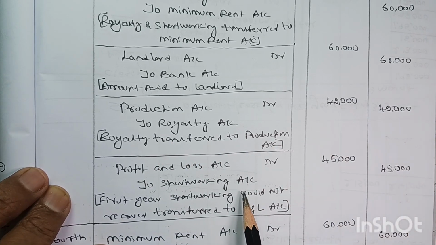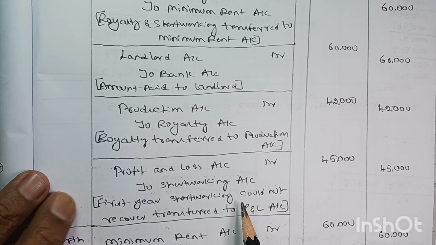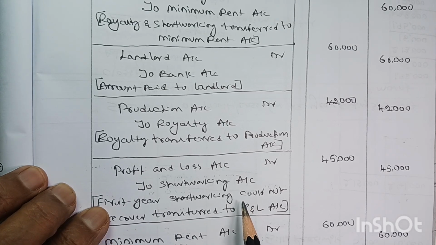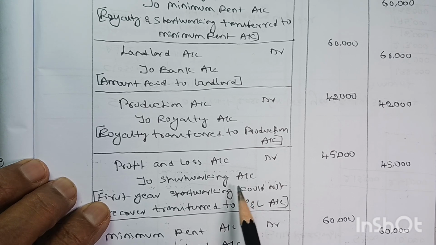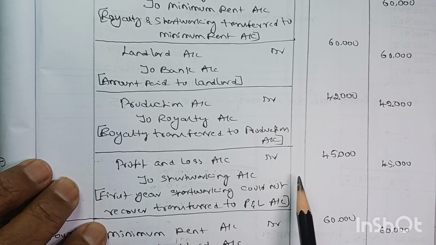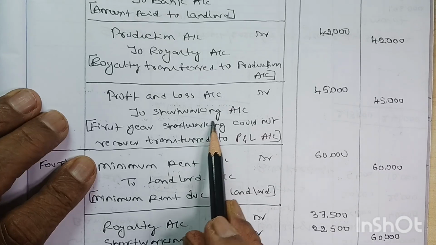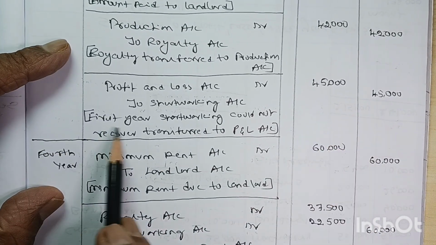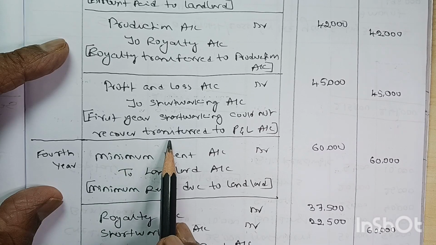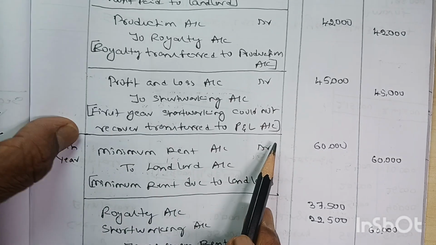But here you will get one extra entry. What is that extra entry? The loss which was incurred in the first year that could not be recouped will be transferred to profit and loss account. Profit and loss account debtor to short working account 45,000, 45,000. First year short working could not recover, transfer to profit and loss account.